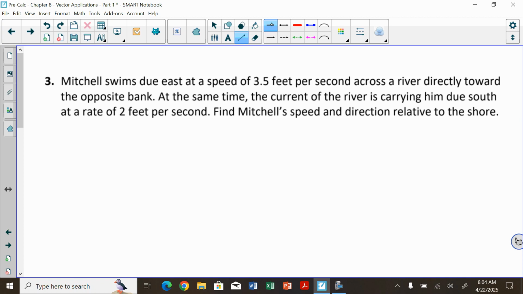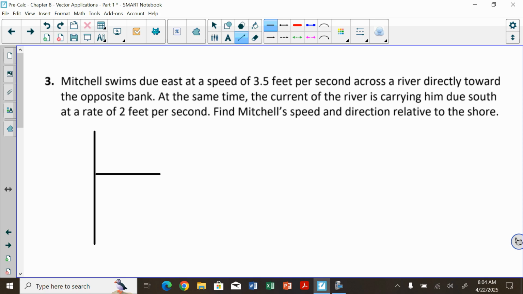If I draw an axis here, let's say that's the shore. What's happening in this case is he was going 3.5 due east, so directly east. We're going this way, straight east. This helps because we don't have to worry about the angles.